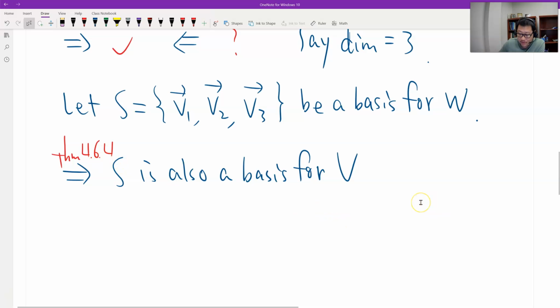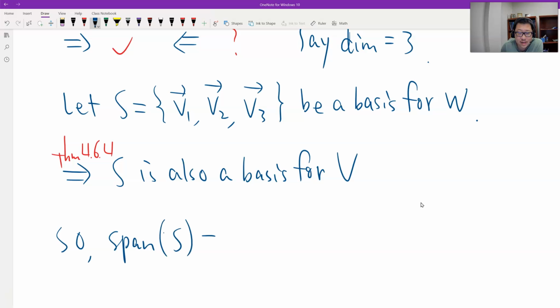And now what do we have? We have this result. The span of S should be equal to W, right?